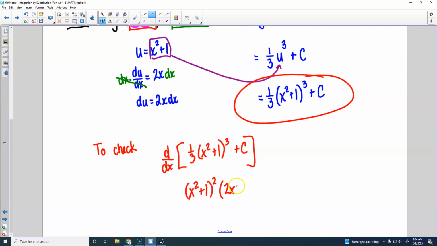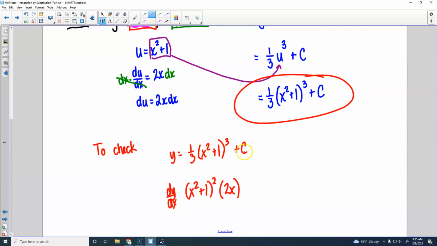Let's see. The dx, the way I've written it, kind of... let me do it a different way so the dx shows up. If y equals this, then dy/dx is going to equal this.